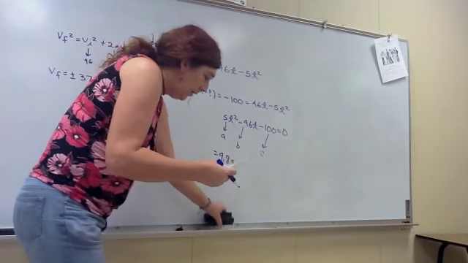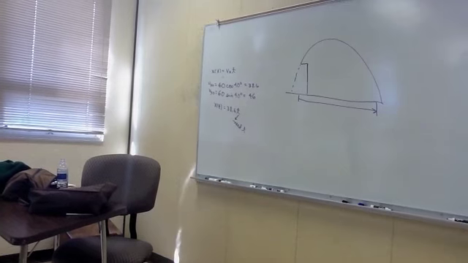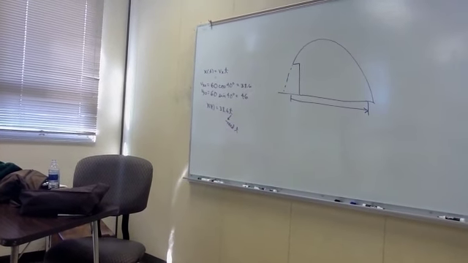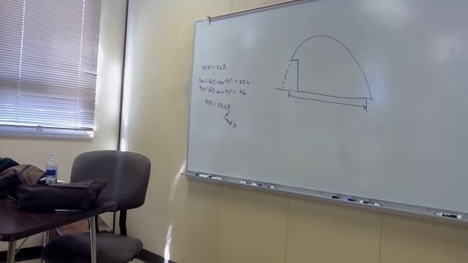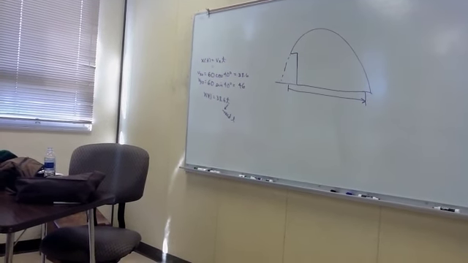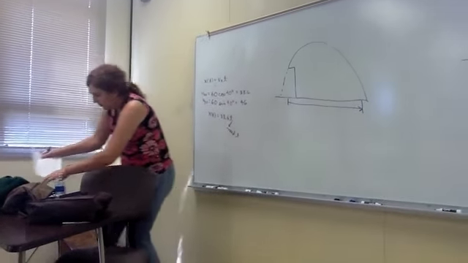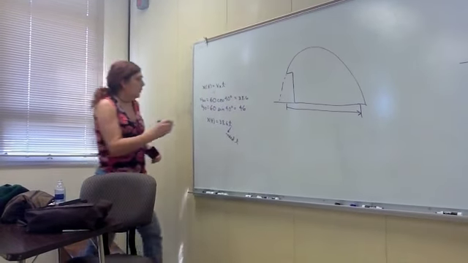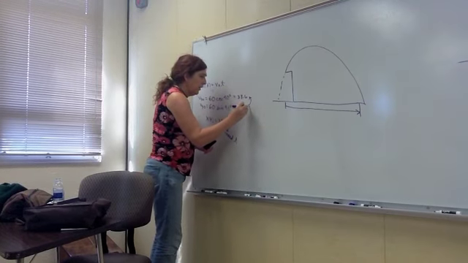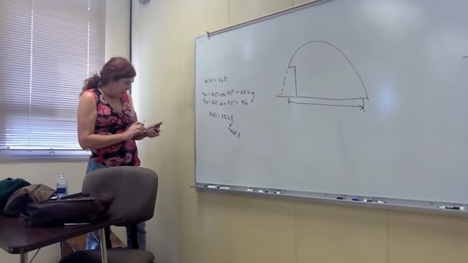Hold on, time out really quick. Going back here to the beginning, 60 times cosine of 40. I'm getting 46 there at the cosine. Yeah, I'm getting 46 also. And then the bottom number should be 38.6. Oh, so these are actually reversed. Yes, that does make a difference.